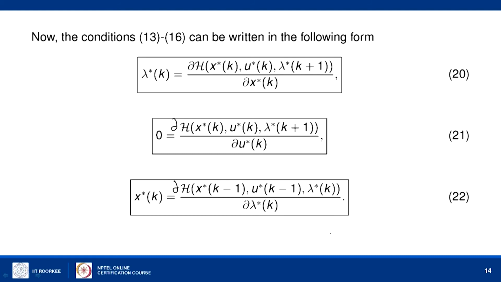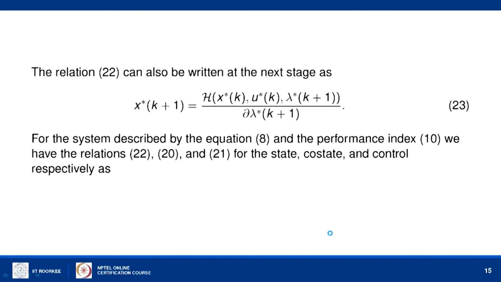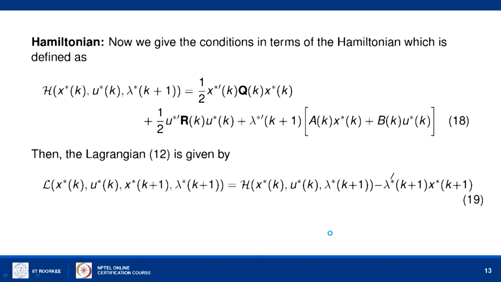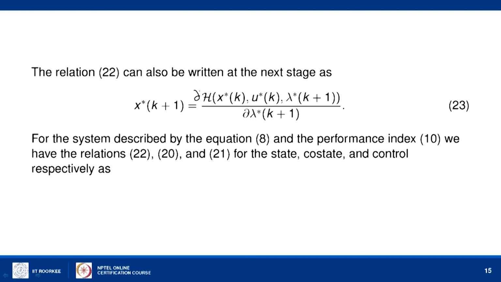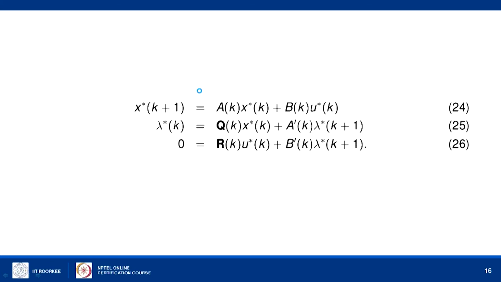These are the three necessary conditions we get, and the boundary condition is given in equation 16. If you solve this system of equations with the boundary condition, we get the optimal control value.